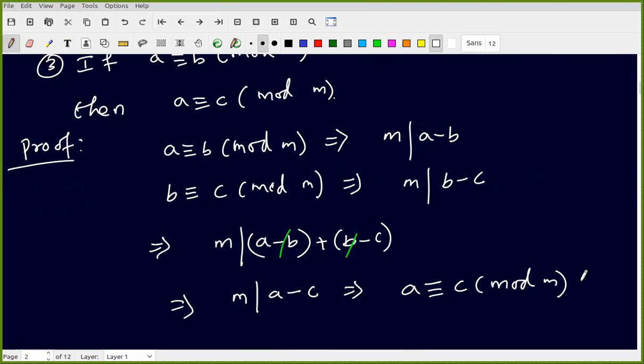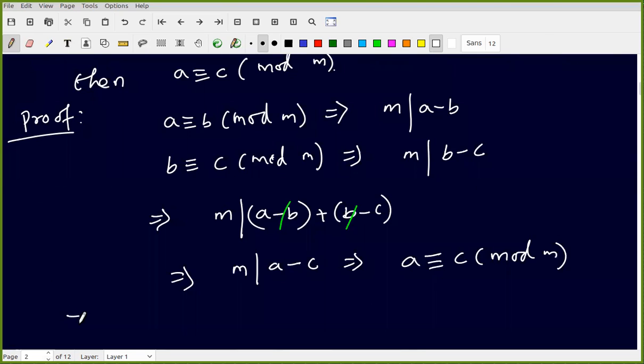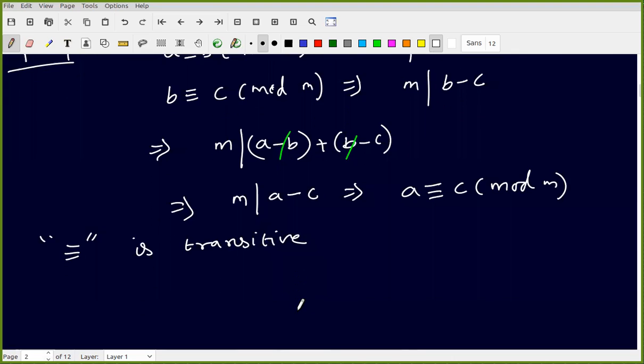So the congruence relation is transitive. So the congruence relation is always an equivalence relation.